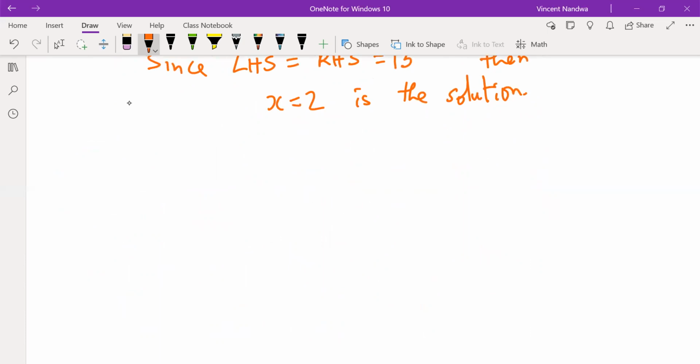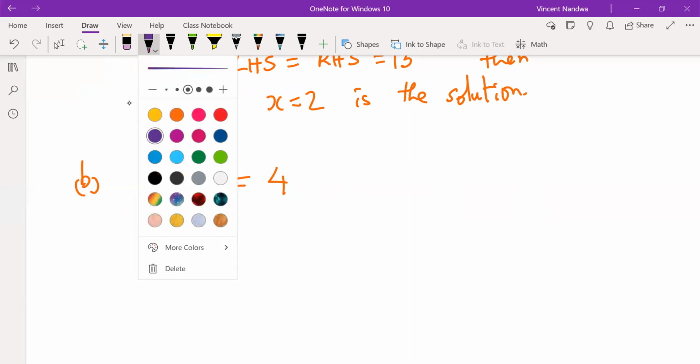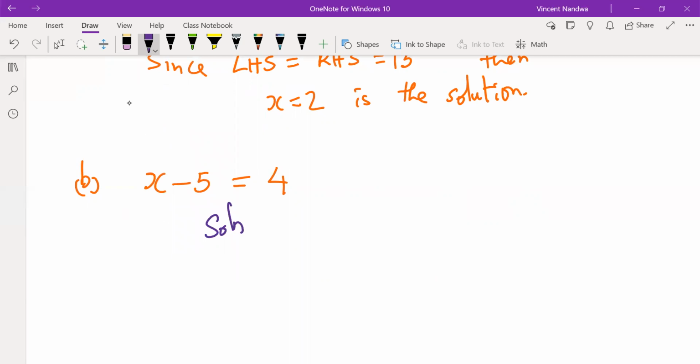Second one, x minus 5 equals to 4. Now, what we do for this case, we'll have x and then take minus 5 to the right-hand side, so we'll have plus. So this will give us x equals to 4 plus 5, which is 9.